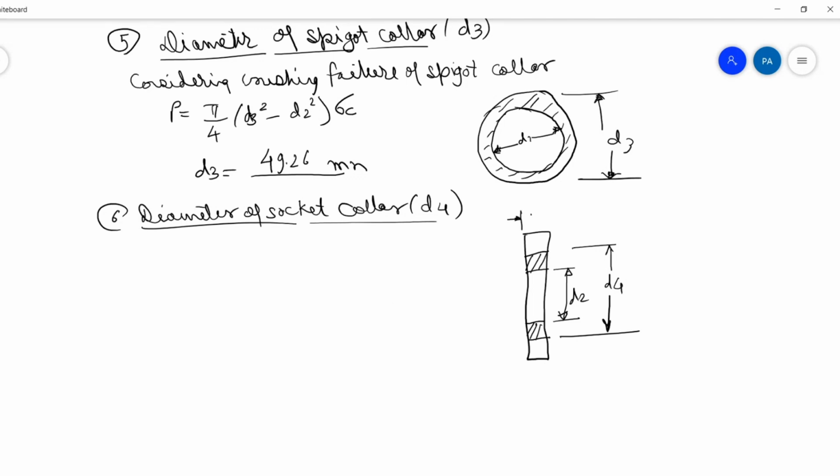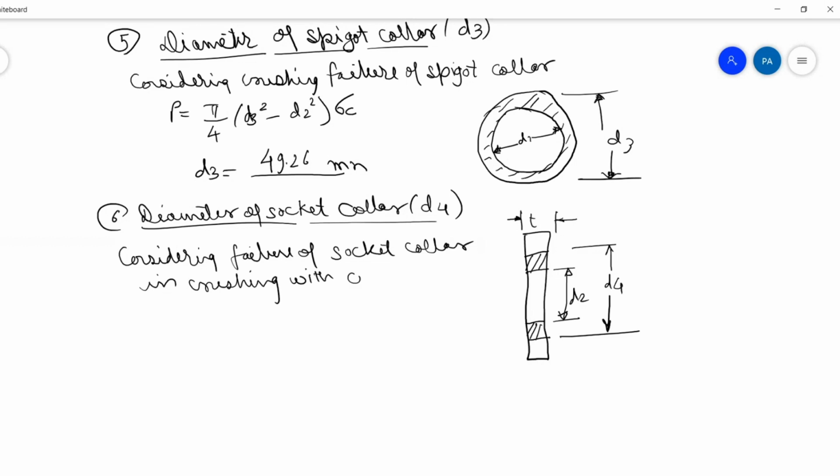And this is T. So what will we write? Considering failure of socket collar in crushing with cotter, you can write P equal to area, D4 minus D2 into T, into stress sigma C. Therefore, after substituting all the values, 35 into 10 raised to 3 equal to (D4 minus D2, which is 36) into T, which is 9, into sigma C, which is 110.